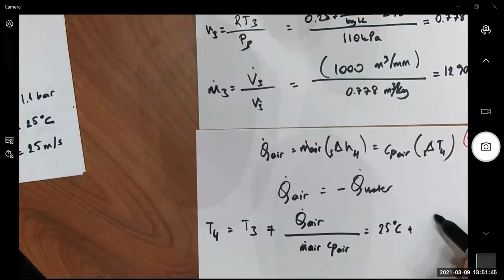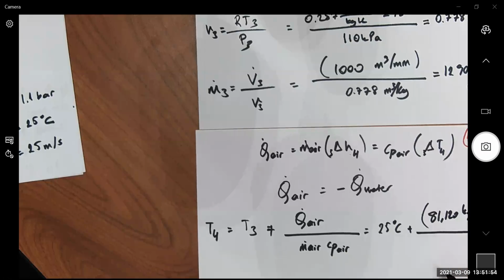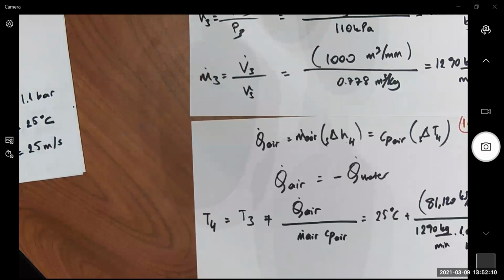Q is 81,120 kilojoules per minute. Right. Mass flow rate is 1,290 kilograms per minute times 1.005 kilojoules per kilogram degree Kelvin. And T4 from here will be 87.57 degrees Celsius.